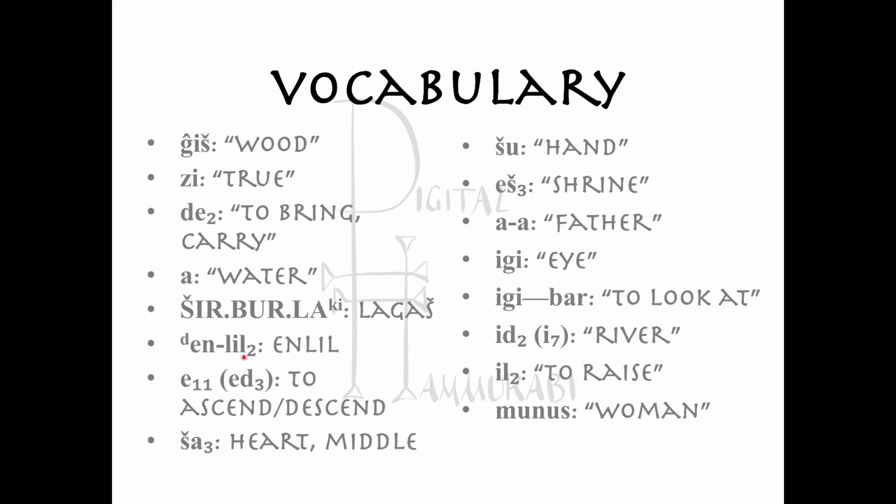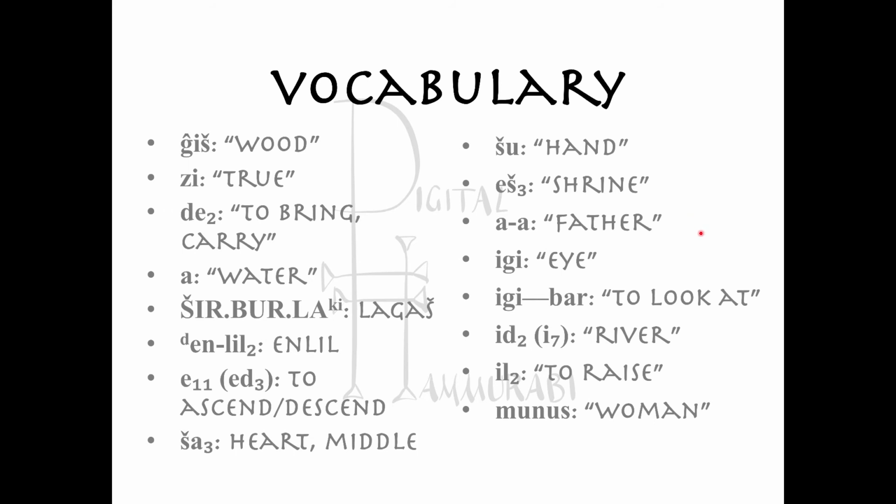Dinger Enlil 2 is Enlil. A11, which is also Ed 3, it has a D auslaut. A11 or Ed 3 means to go up or down, to ascend or descend, depending on the context. Sha 3 is heart or middle. Shu is hand. Esh 3 is a shrine.